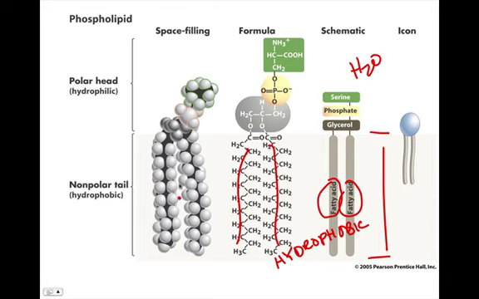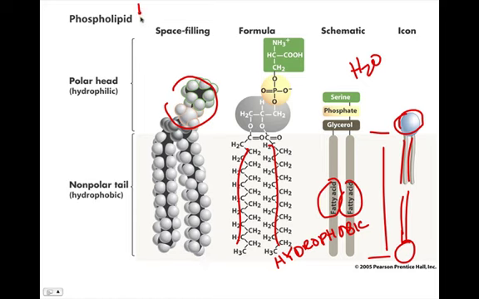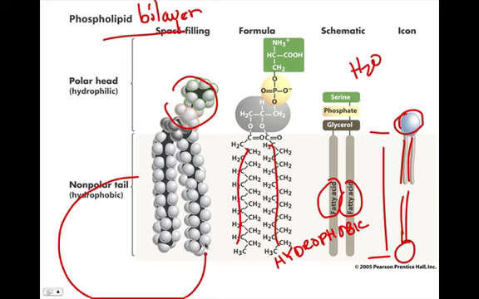Just to sketch it in, people will draw a phospholipid like this. Here's a phospholipid. And here's the membrane. The membrane is a phospholipid bilayer. Also, membranes are phospholipid bilayers. Two layers and surrounding the cell.